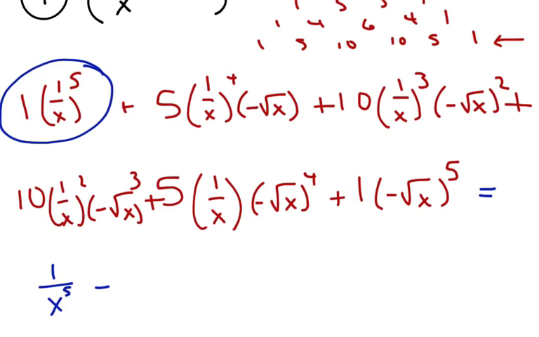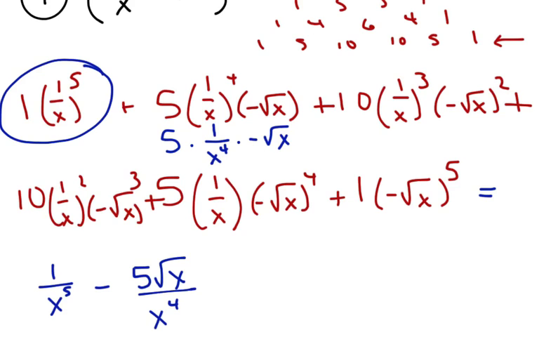So it's 5 times 1 over x to the 4th times negative square root of x. So really it's negative 5 square root of x over x to the 4th.